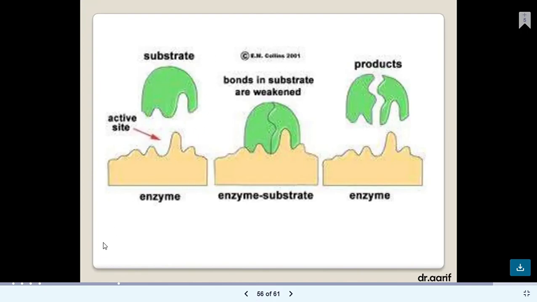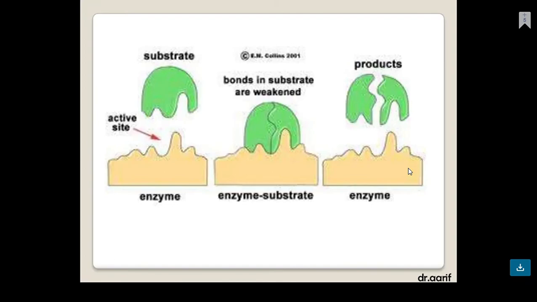When the substrate gets bonded to the enzyme, the bonds in the substrate are weakened and the substrate is broken up to reveal two products, but no change in the enzyme. That's why enzymes are known as biocatalysts, because they can change the substrate without undergoing any change in their own molecular structure.